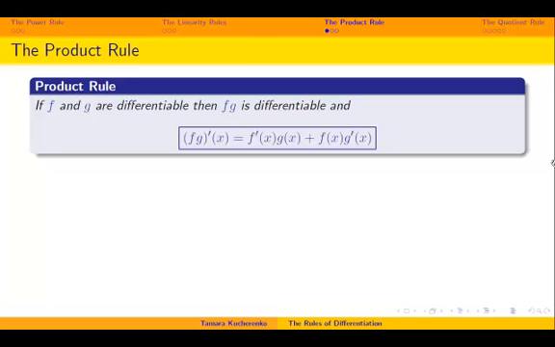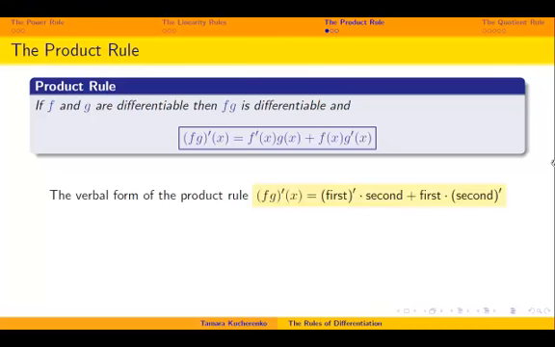The product rule can be proven by writing the difference quotient of f times g in a clever way and using limit laws. This proof can be found in any standard calculus book. Here we will concentrate on the applications.